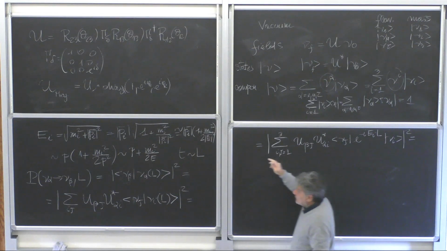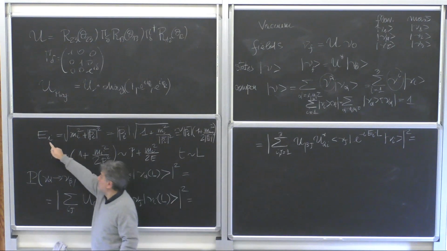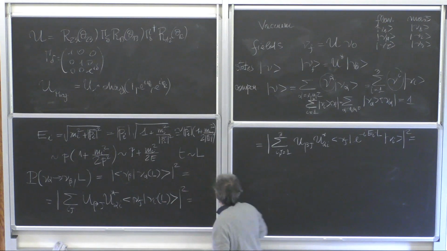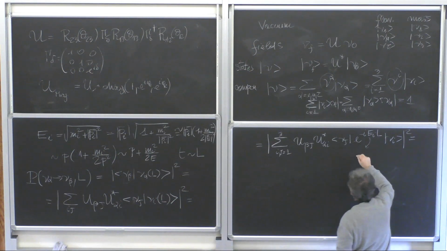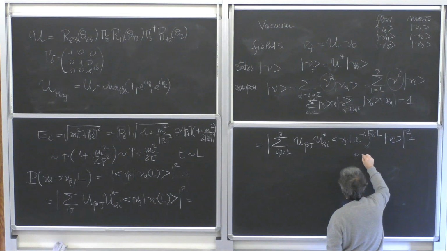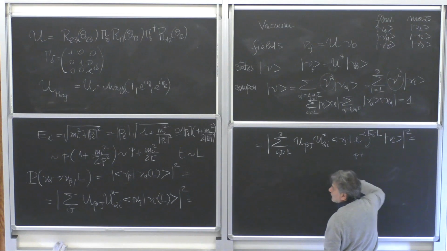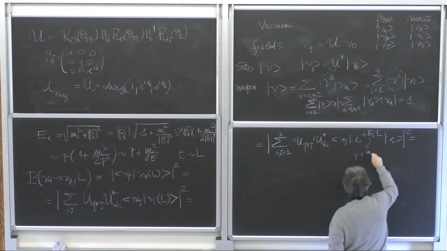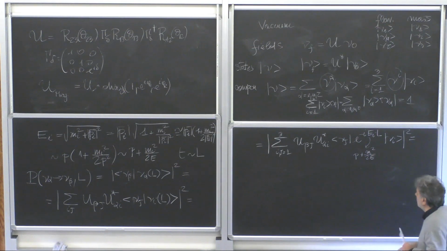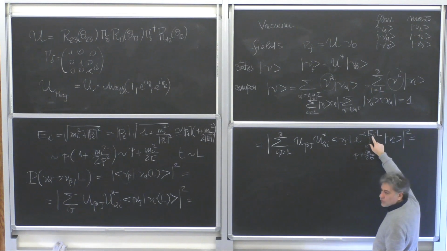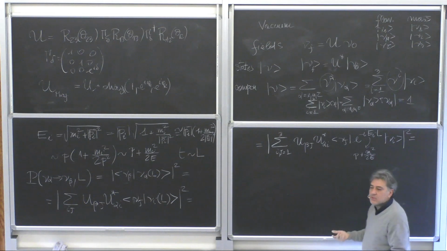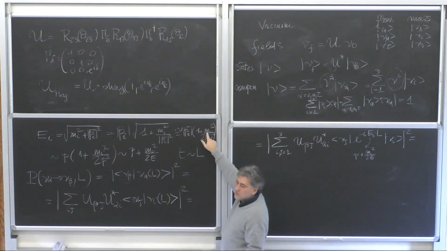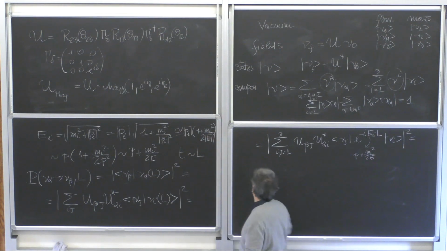And then we use this approximation: here we replace Ei with P plus mi squared divided by 2E. So the energy for all three mass eigenstates can be considered the same to this order of approximation.